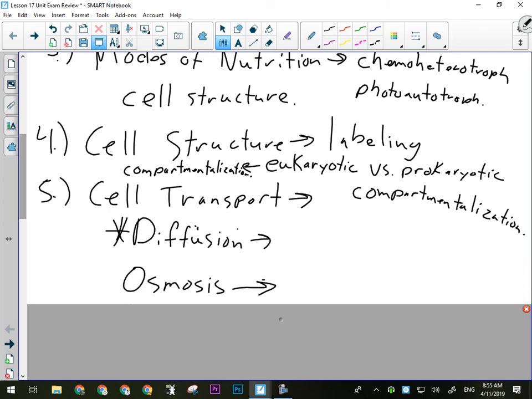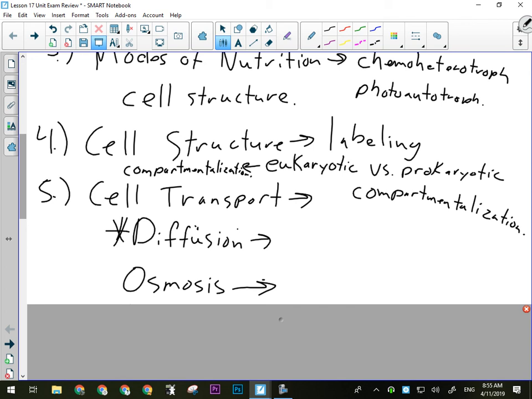Then we talked about osmosis. Osmosis only transports one thing. What is it? Water. Yeah, it only transports water, and it only transports it across the cell membrane. So osmosis is very different from diffusion.